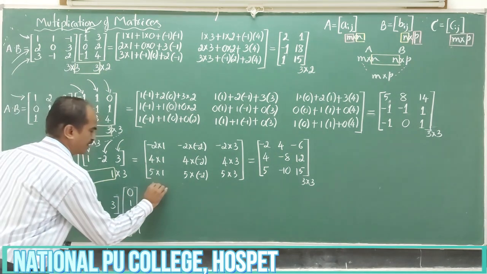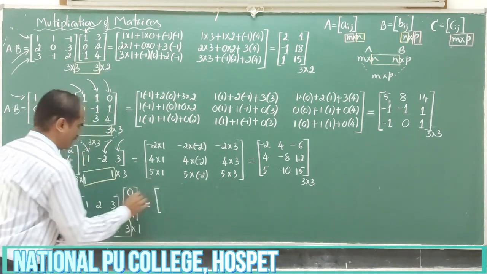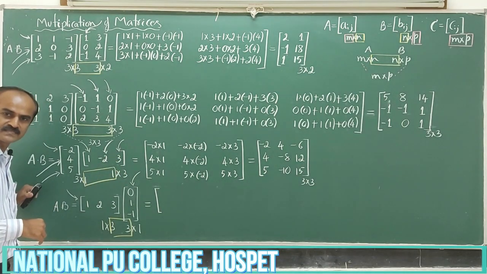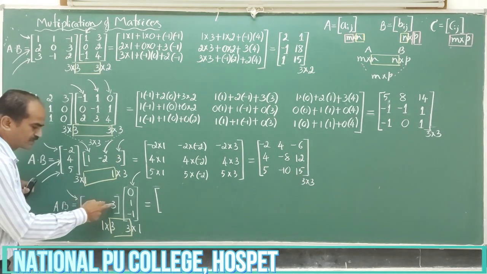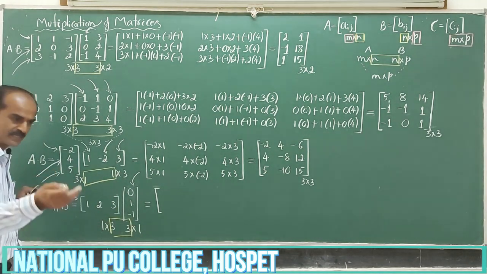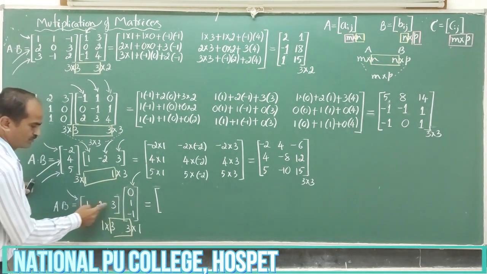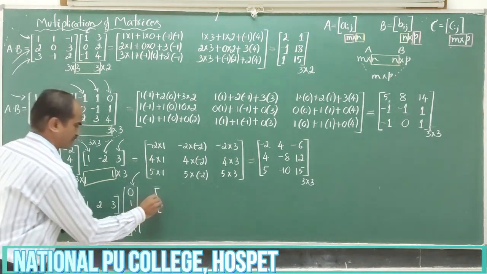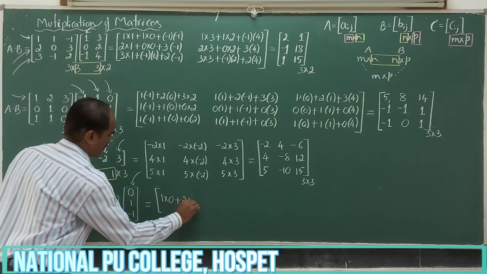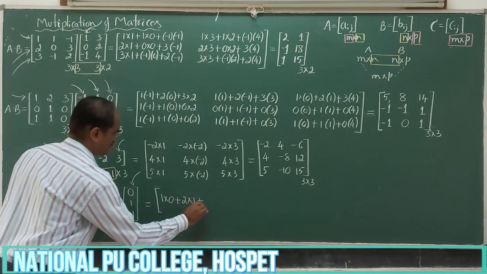Take the first row elements of the first matrix. Take the first column elements in the second matrix. How many elements are there in this row? 3. Make a pair of elements. 1, 0; 2, 1; 3, minus 1. So 1 into 0 plus 2 into 1 plus 3 into minus 1.